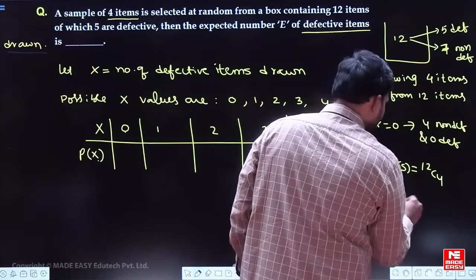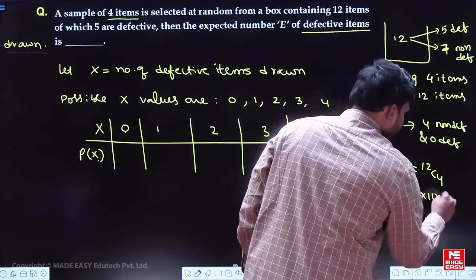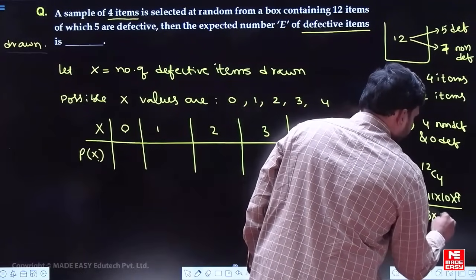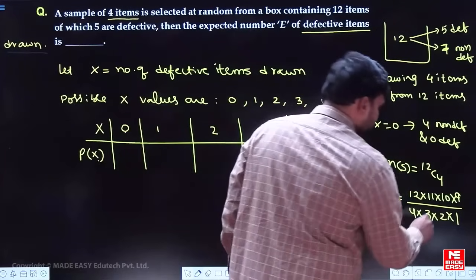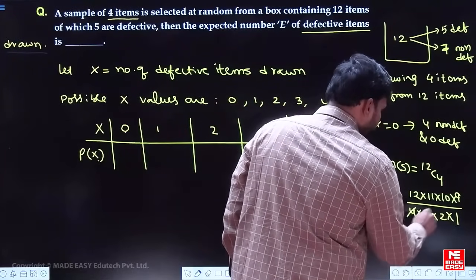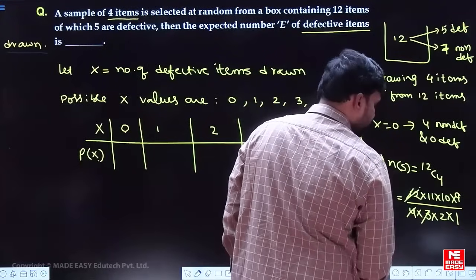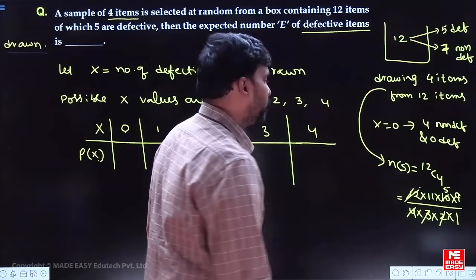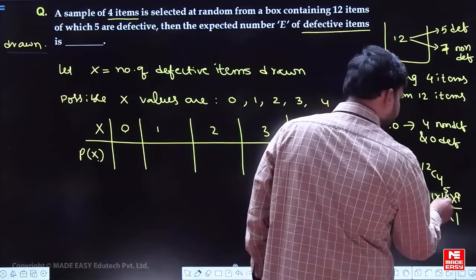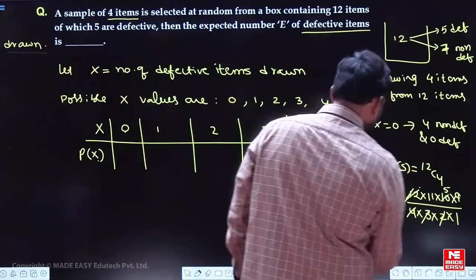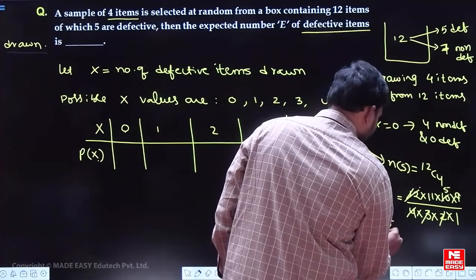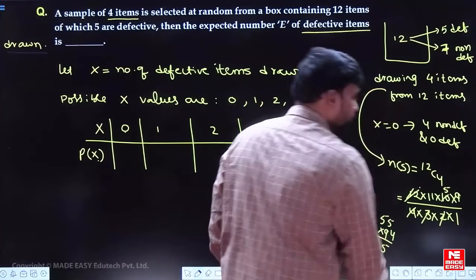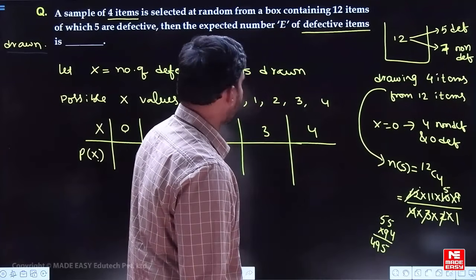If you calculate this, 12 into 11 into 10 into 9 divided by 4 into 3 into 2 into 1. 4 3s are 12 gets cancelled, and now 2 5s are 10, so it becomes 55 into 9, which is 495. So you get this 12C4.